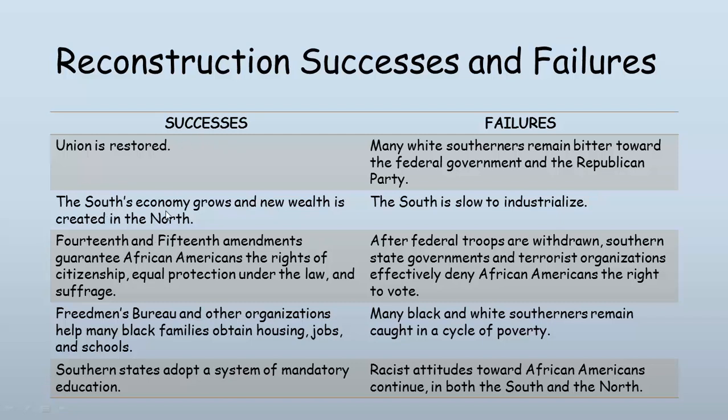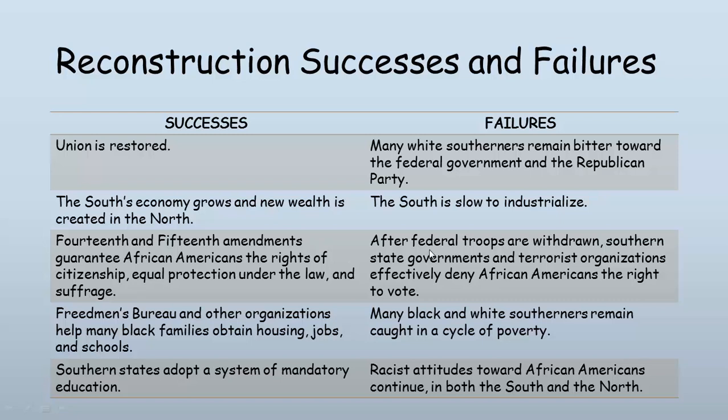What's the success? The South's economy, which traditionally was agriculture, begins to change. There's new wealth created and it begins to grow, but it does not industrialize as equally as the North. All right. What are some successes? We have these great amendments now that are going to provide for citizenship, equal protection, and voting rights for African American males.